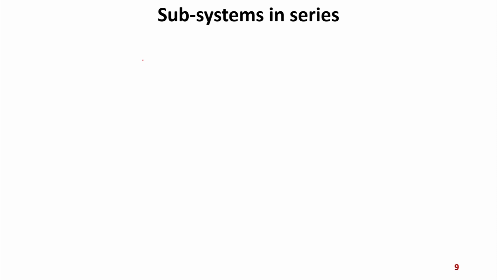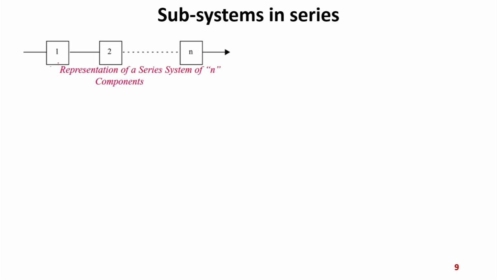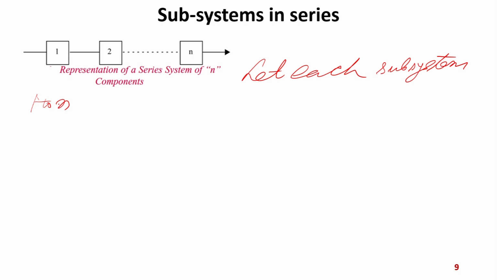First, we will consider the system in series. This is system 1, 2, 3 up to n, and let each subsystem, or each element, 1 to n, have the corresponding reliability functions.